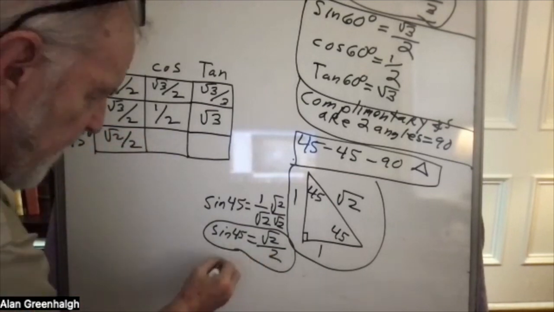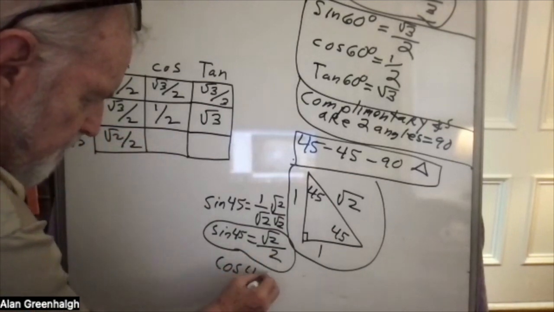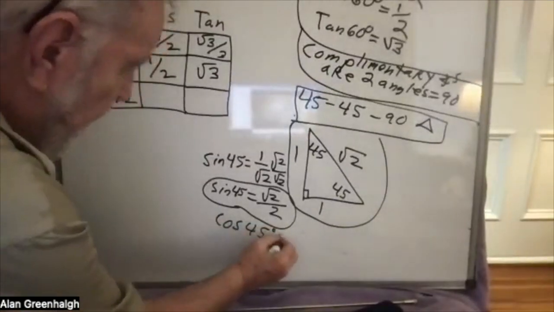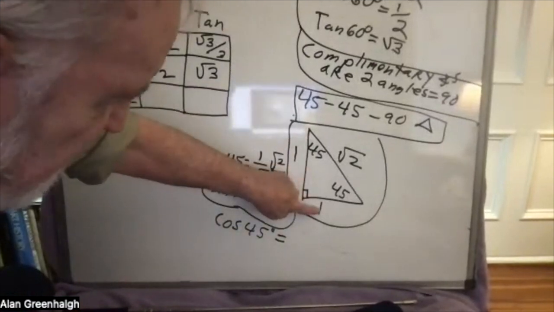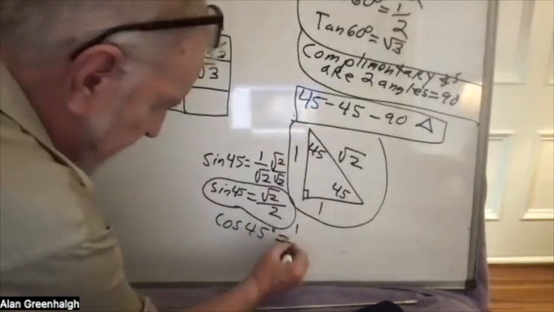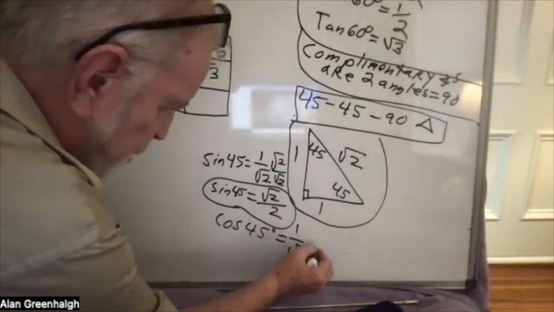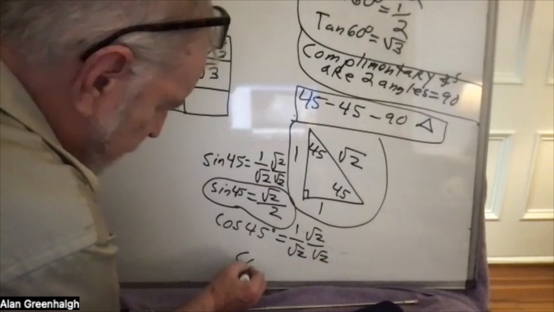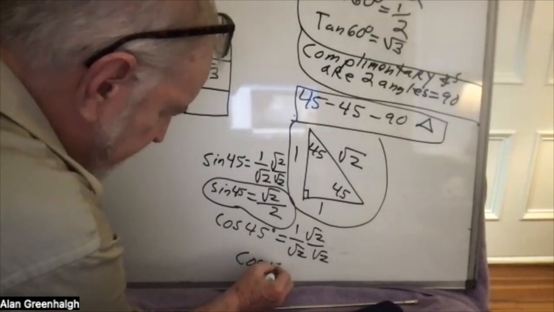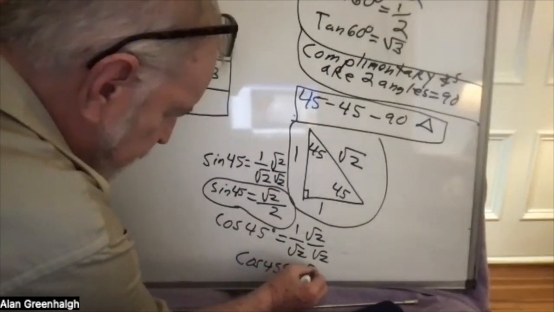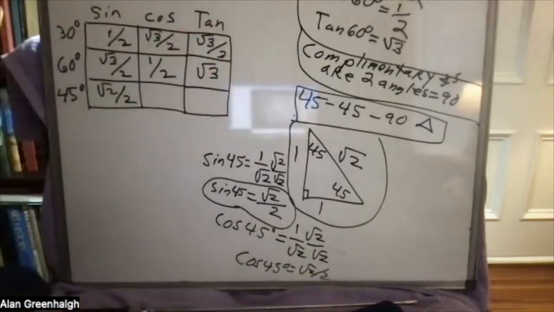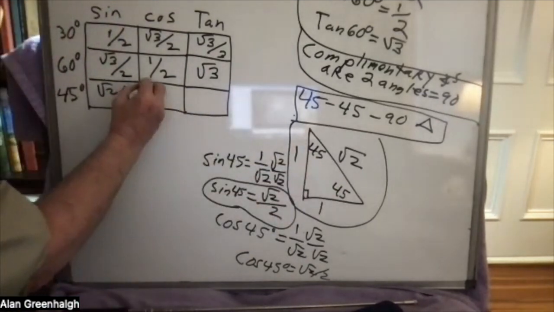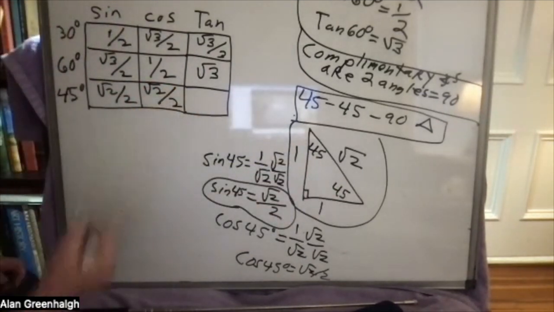The cosine of 45 is the adjacent over the hypotenuse, and rationalizing the denominator, we get that the cosine of 45 is the square root of 2/2 also. The sine and the cosine of 45 degrees are the same. They're equal to each other.